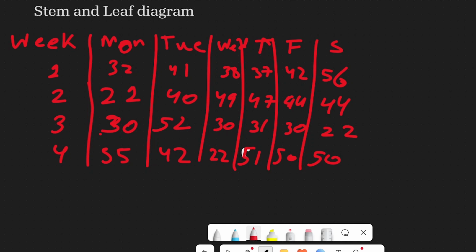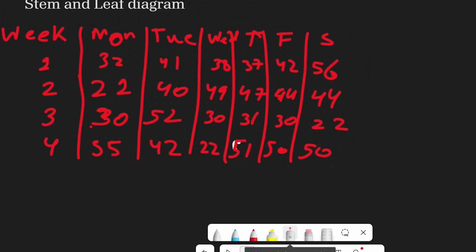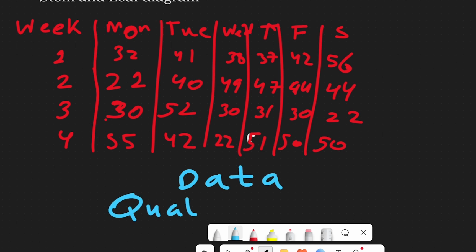So today what we would be studying is stem and leaf diagrams. Okay, so for this we have some data over here. If we remember from our data classes in our previous videos, we discussed the data could be represented in two ways. Data could be either qualitative or quantitative, right?